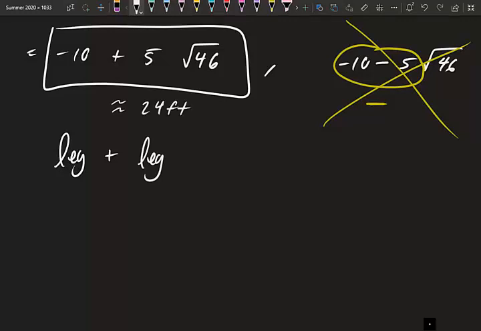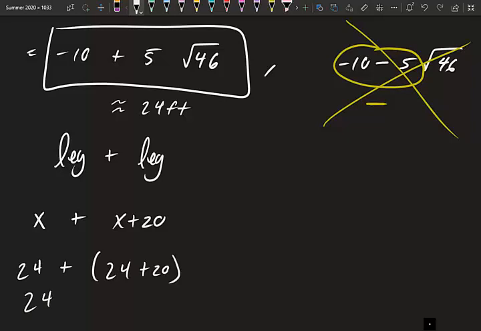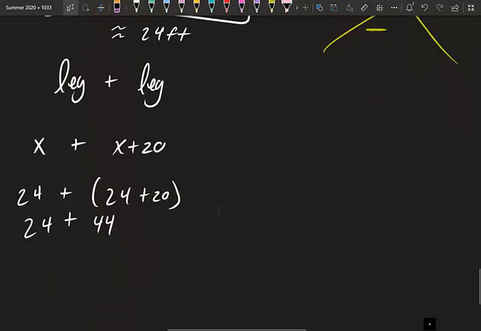So our first leg was x, our second leg was x plus 20. So we have 24 plus 24 plus 20. So 24 plus 44, and we get 68 feet.